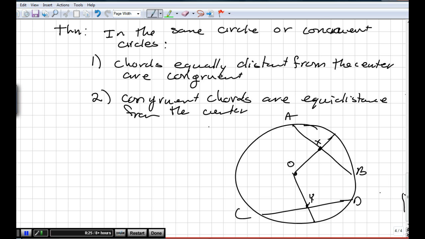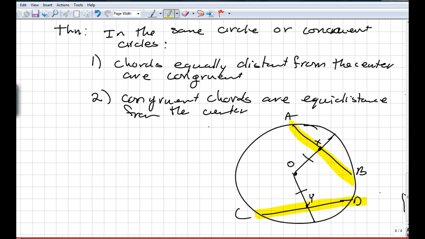And so if this distance is the same as this distance, then segment or chord AB has to be congruent to chord CD, and vice versa. If chord AB is congruent to chord CD, then the distance OX is equal to the distance OY. So they're equidistant. Okay. All right, let's do one example here.